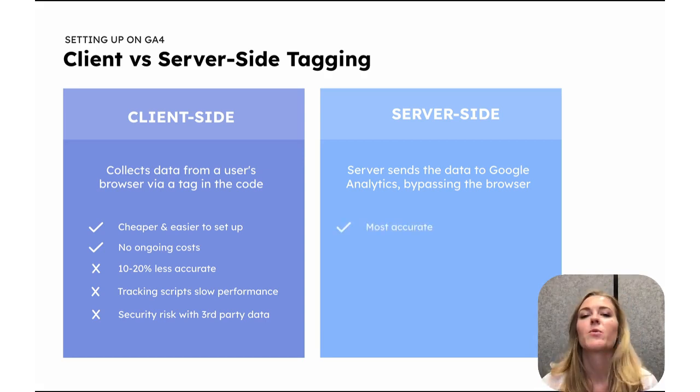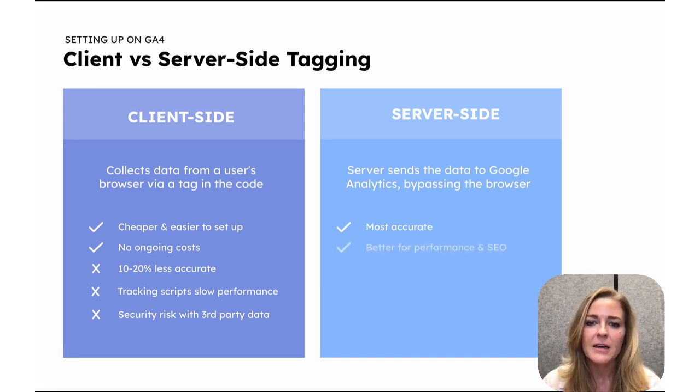On the server side, we have obviously more accuracy because we're sending that data through from Google Analytics to Google Analytics, bypassing the browser entirely because we're using a cloud server to do that. We are seeing better performance and SEO from server-side integrations, only slightly, and it really depends on your unique setup, but that obviously is addressed in the server-side option.